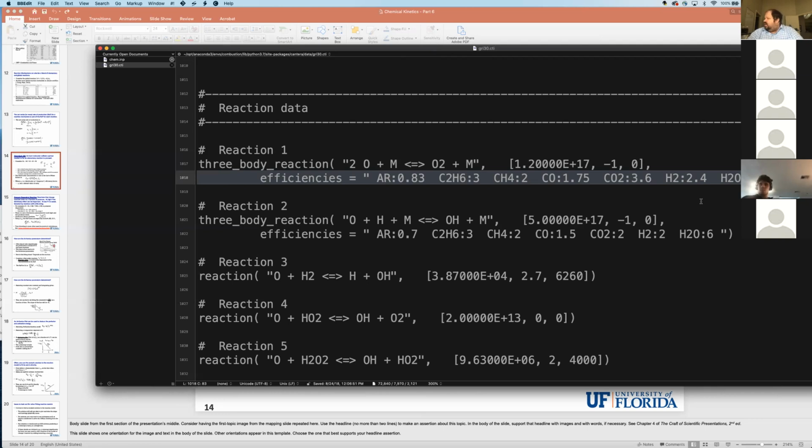And so you can view all of these as empirical fitting parameters to data. You have the prefactor, the temperature exponent, the activation energy, and third body efficiencies, so in chemical reactions there is a whole lot of empirical fitting.